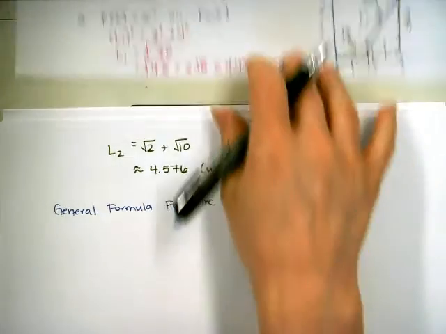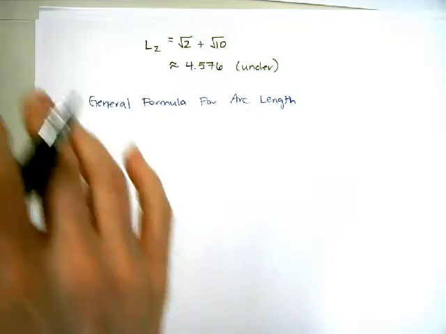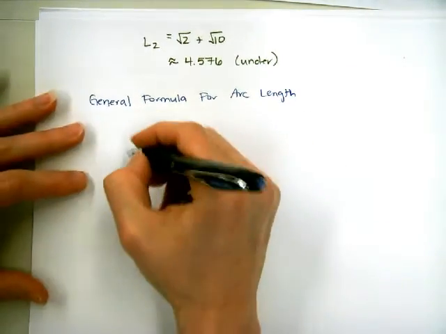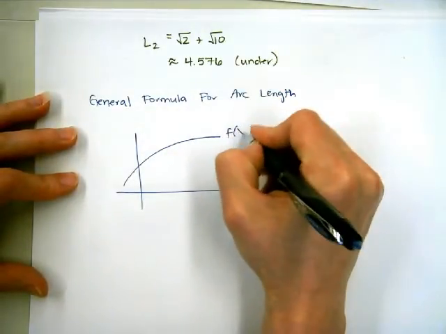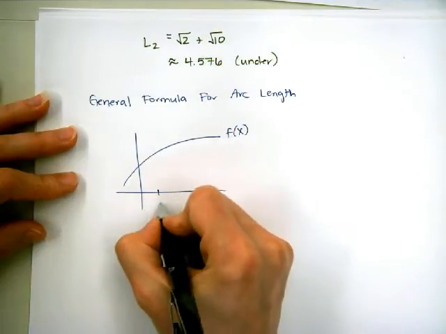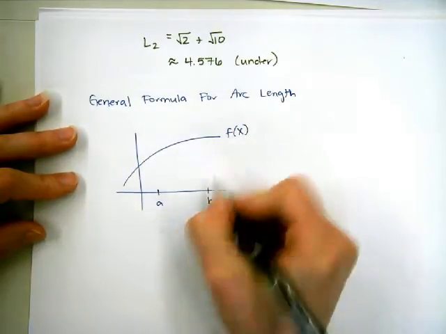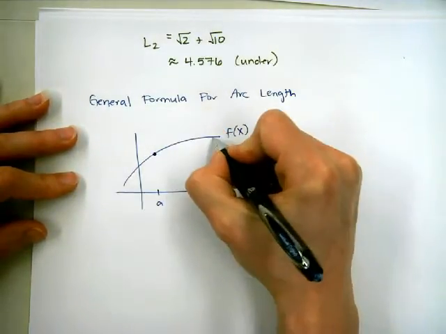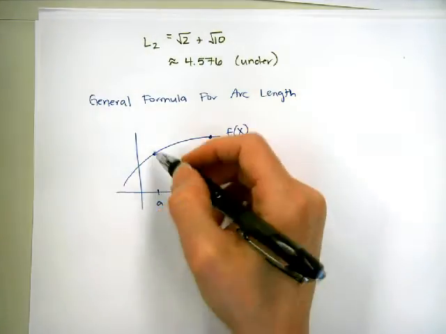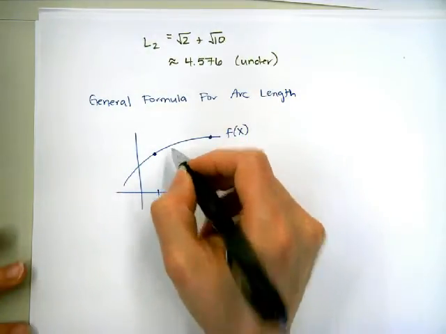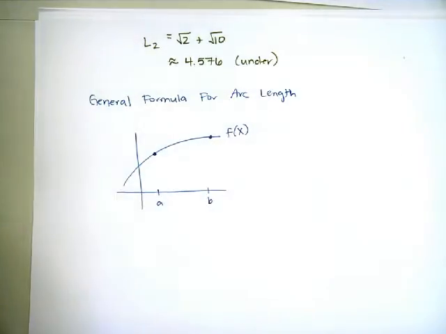Okay, so let's say that we had some curve. I'm going to generalize this a little bit. Let's say I have some curve that looks like this. I'll call this f of x. And I want to find the arc length on the interval from a to b. So what I'd want to do is try to put in as many lines connecting these as I possibly could.